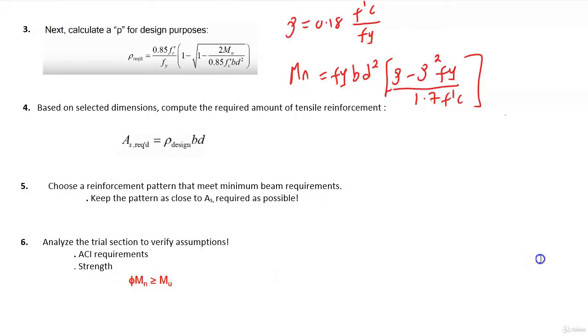Doing this, our beam is going to be safe and meet ACI requirements. So these are the procedures we take when we want to design a beam with a known cross-section. In the next lesson, we are going to design a beam with a known cross-section.